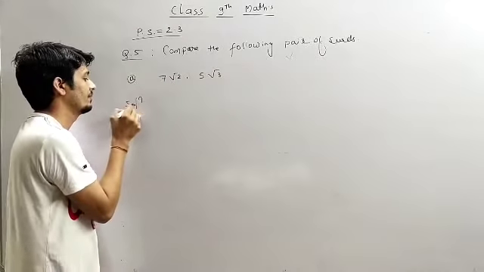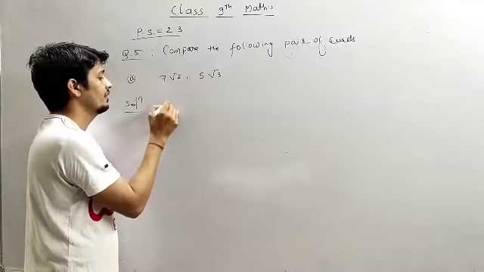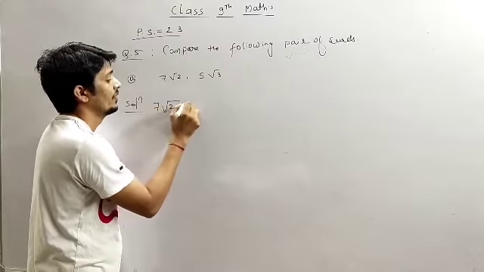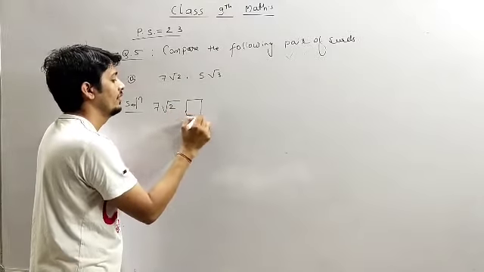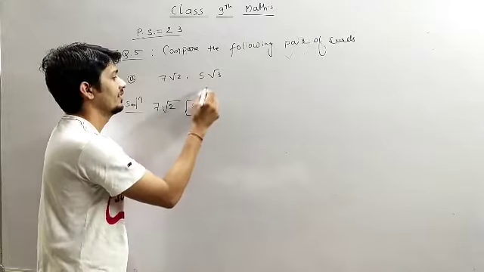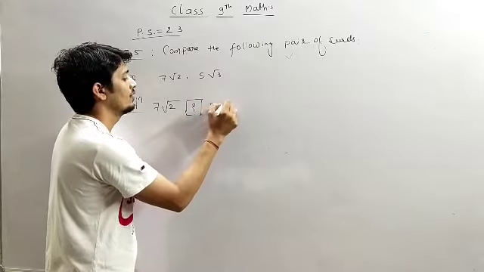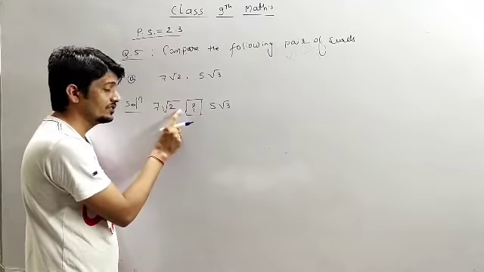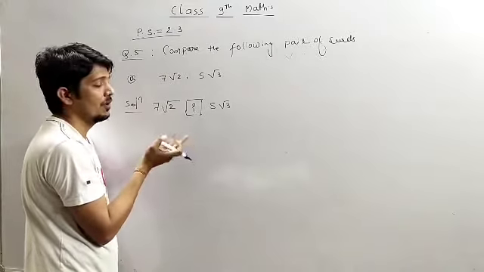So we have to solve now. Solution. So we have 7 root 2. See, we do not know whether they are equal or not, so we write a question mark here. And here we have 5 root 3. When 7 goes inside the root it comes in the form of a square.